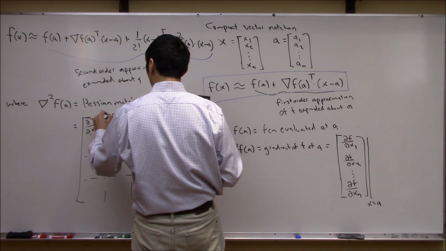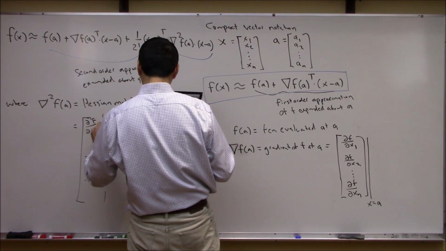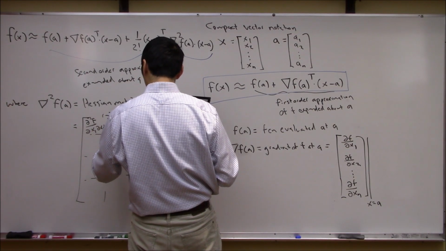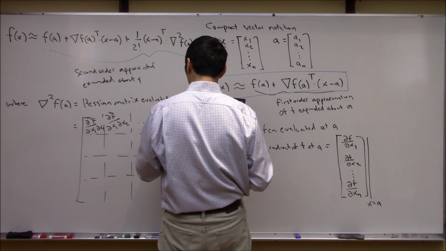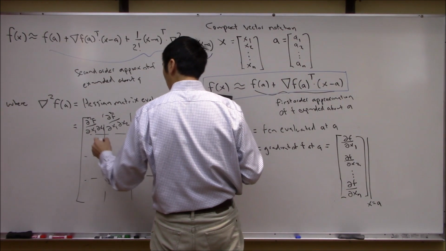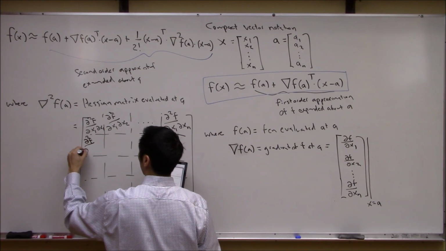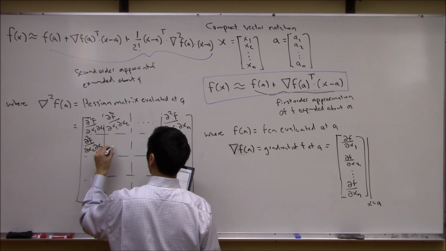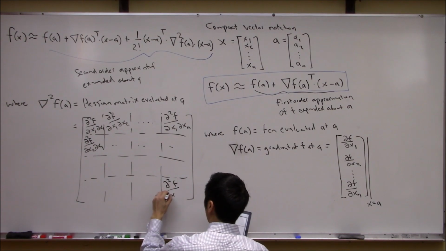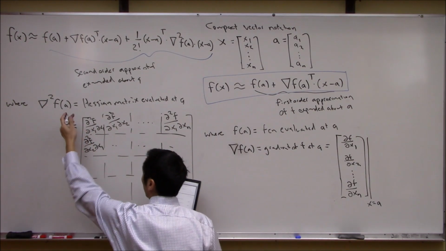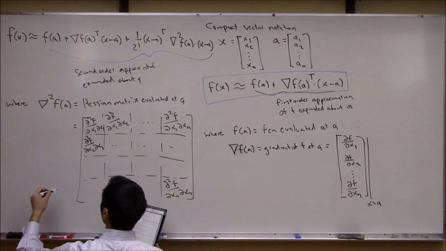This one is partial squared f with respect to x1 and then with respect to x2. And et cetera, this is partial squared f with respect to x1, partial xn, right? And similarly, going down, this is partial squared f with respect to x2, x1, et cetera. This goes all the way out to partial squared f with respect to xn, partial xn, right? So really, the entries of this matrix, if we call this thing H, let's do it like this.